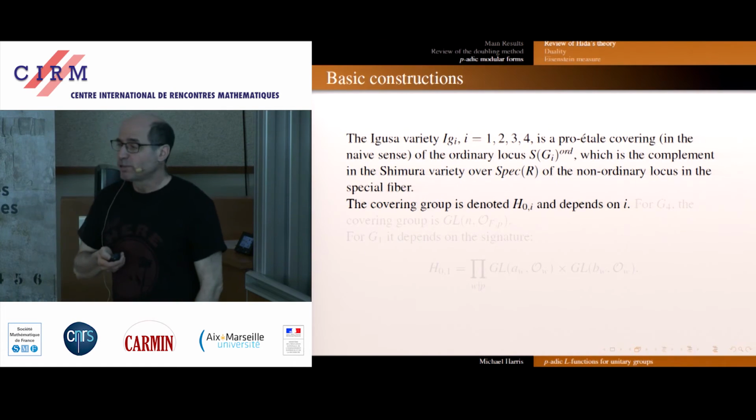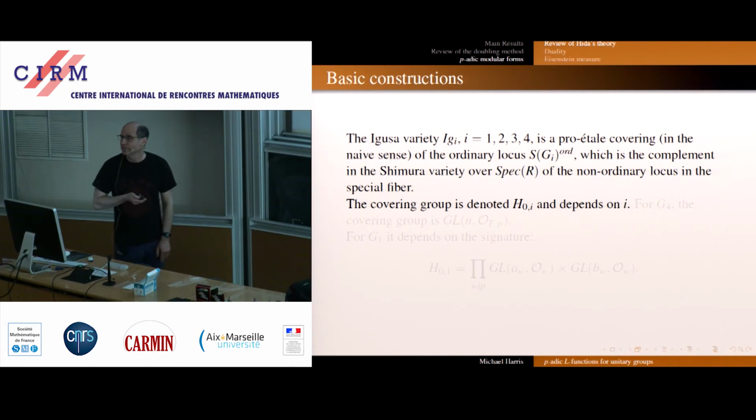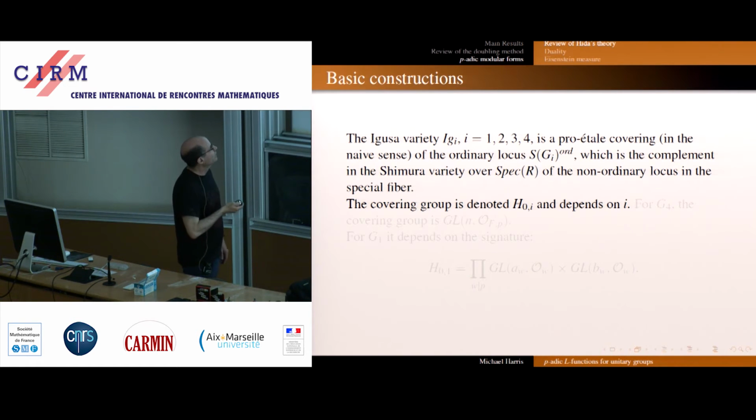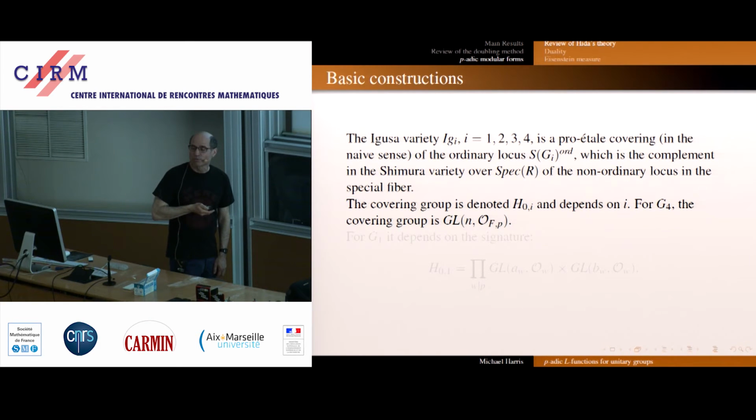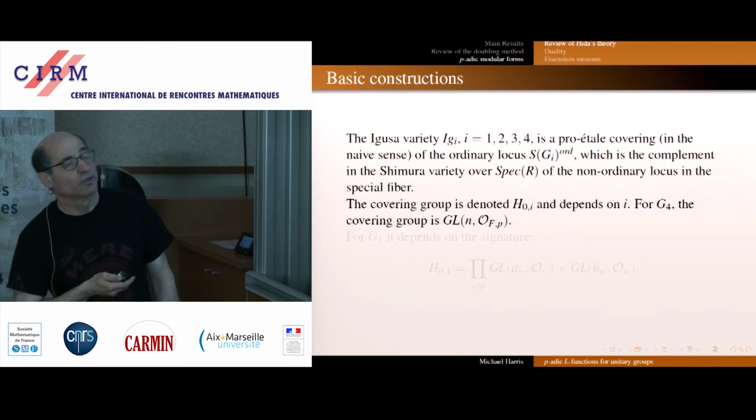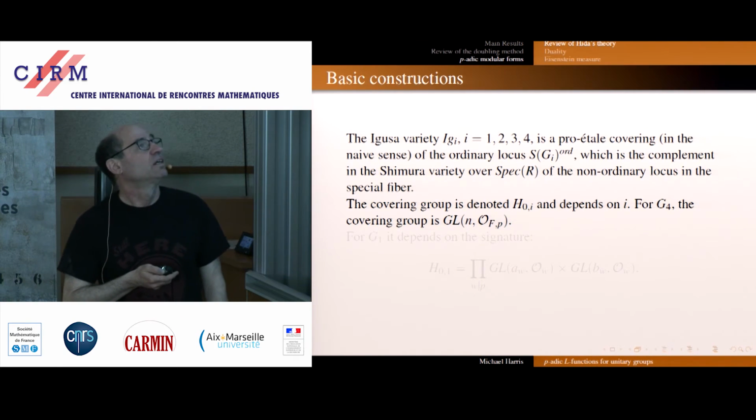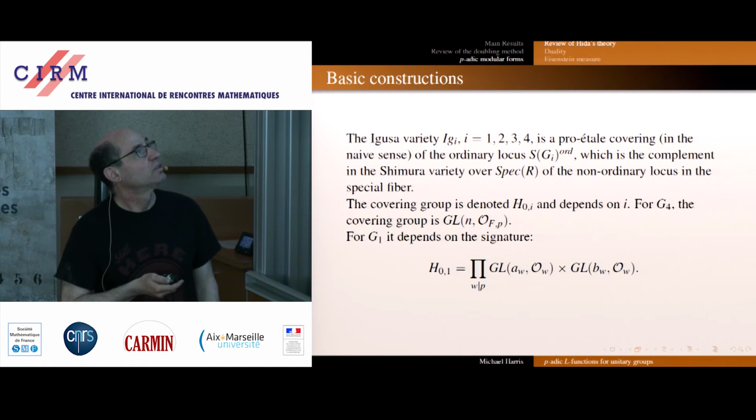The covering group has a name, unfortunately. It's called H0I. It depends on I, and it's just GL_A cross GL_B, in fact. For G4, the covering group is GL_n. And again, we can just think of this as E_p if you like. Yeah, there we go.